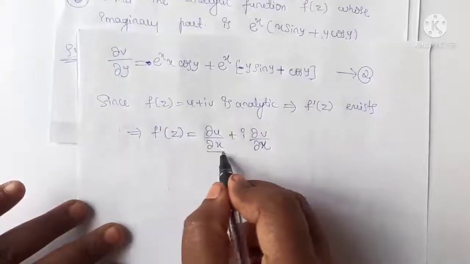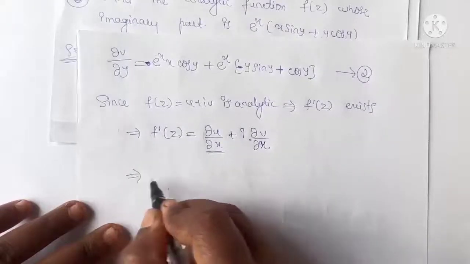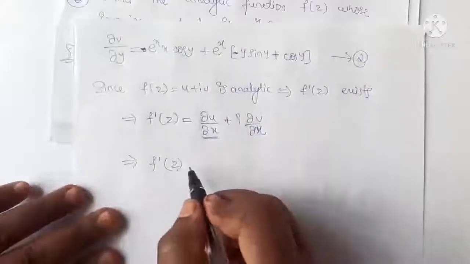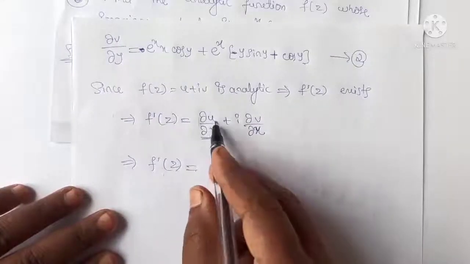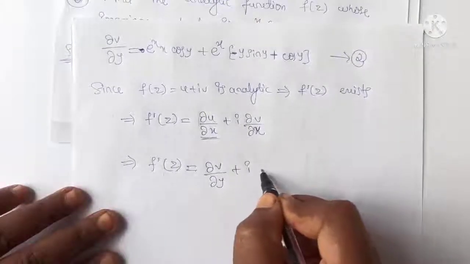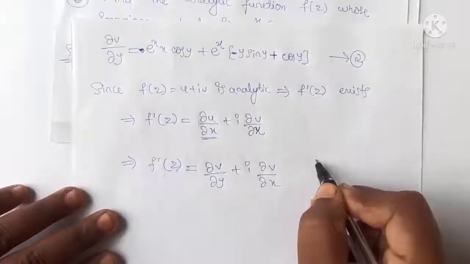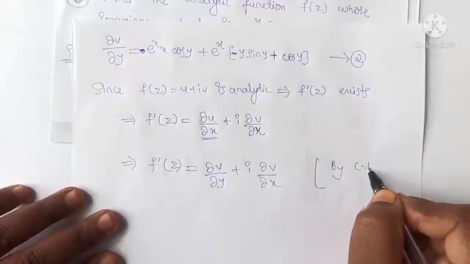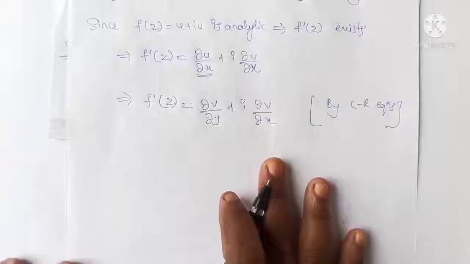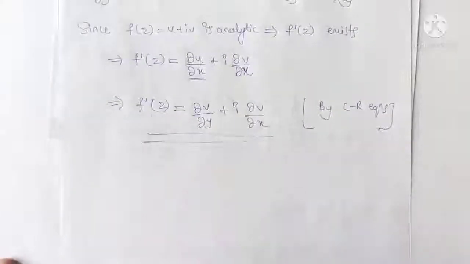So we replace this ∂u/∂x in terms of v, because we have ∂v/∂y values. So therefore we know that by CR equation ∂u/∂x is equal to ∂v/∂y, plus i ∂v/∂x as it is. So this is by CR equations. Okay, so remaining steps as it is. Only we have to change this part.